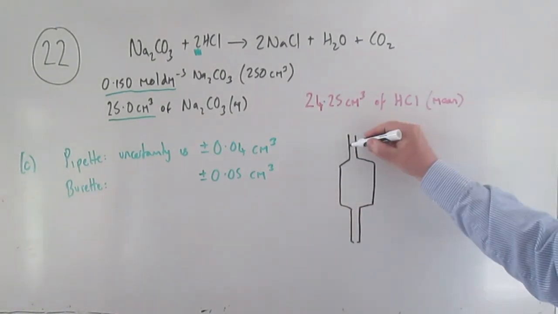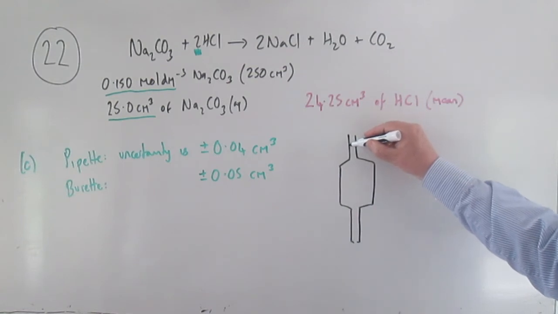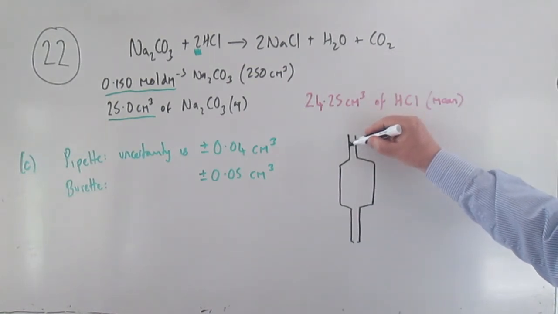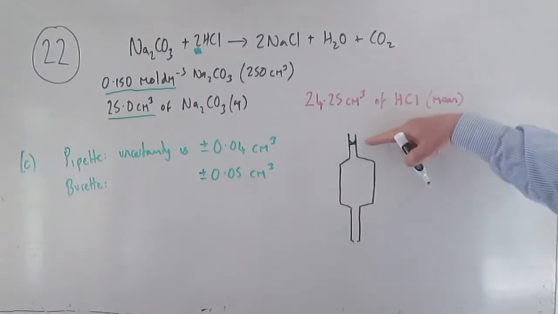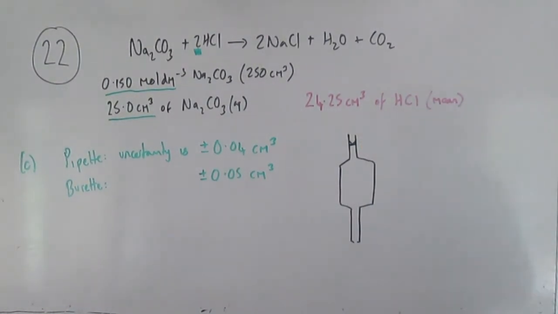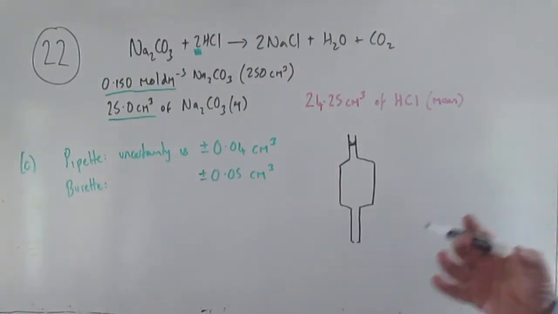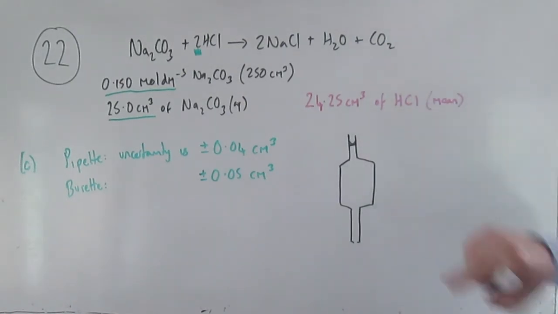And the idea is that it has this single graduation mark on there, and you just fill it up so that the solution level is just sitting on that line. So there's only 1 reading involved, which is making sure you've got the volume in the right place.